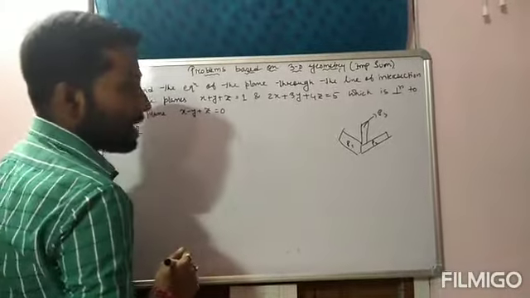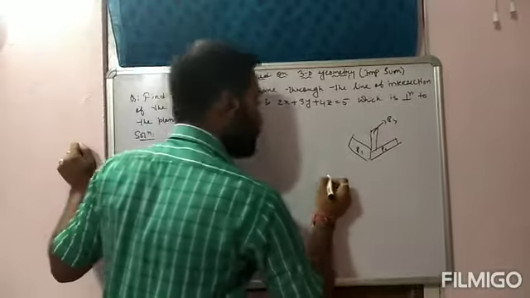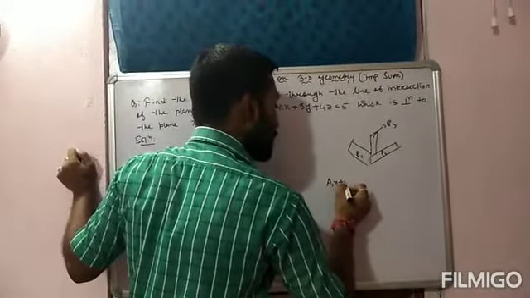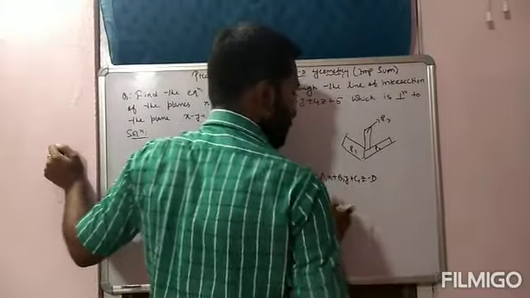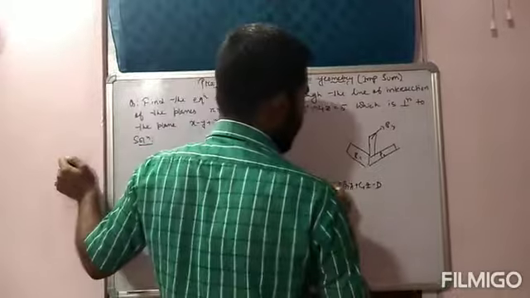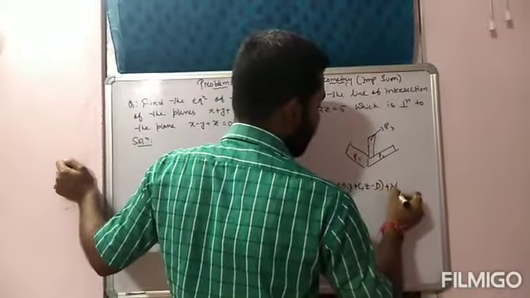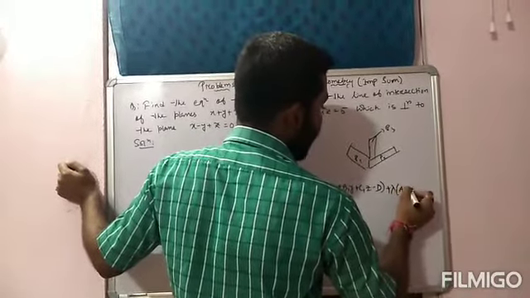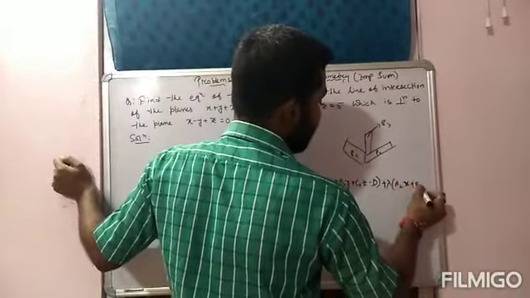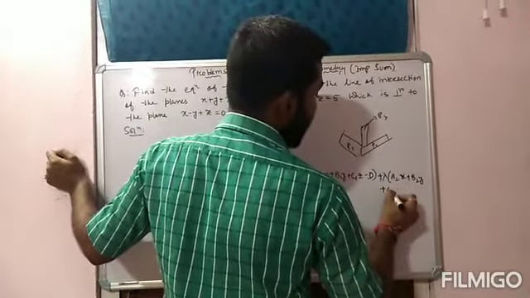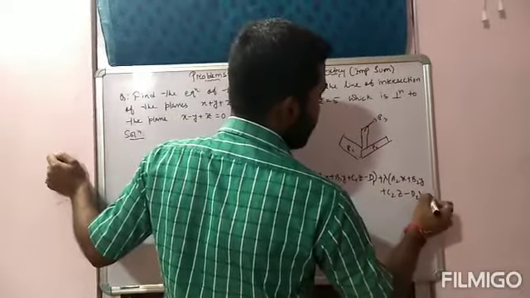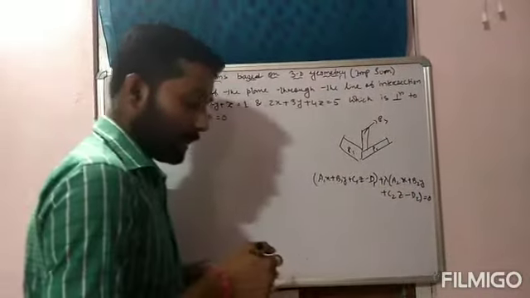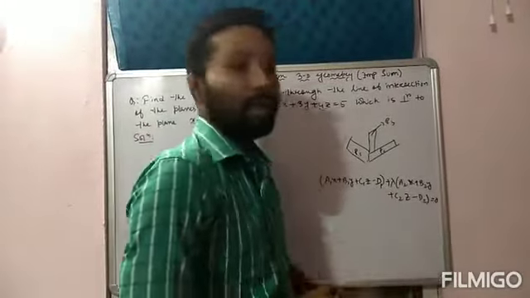Okay, so we know the equation of a plane passing through the intersection of the two planes: a1x plus b1y plus c1z plus d1 or minus d1, plus lambda into a2x plus b2y plus c2z minus d2, is equal to 0. This is the equation of a plane passing through the intersection of the other two planes.